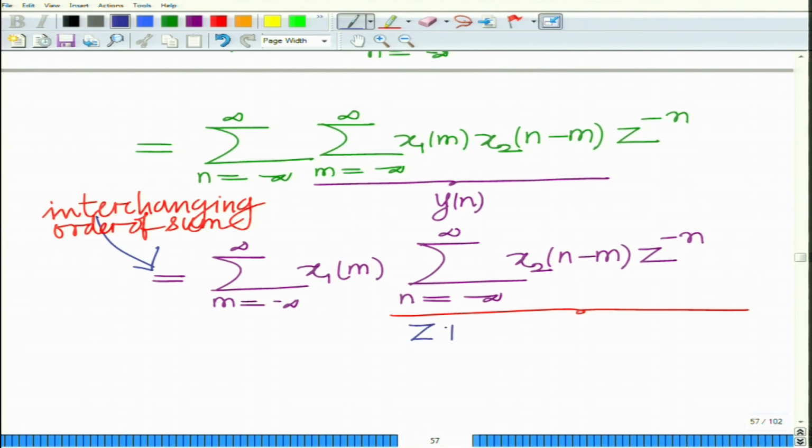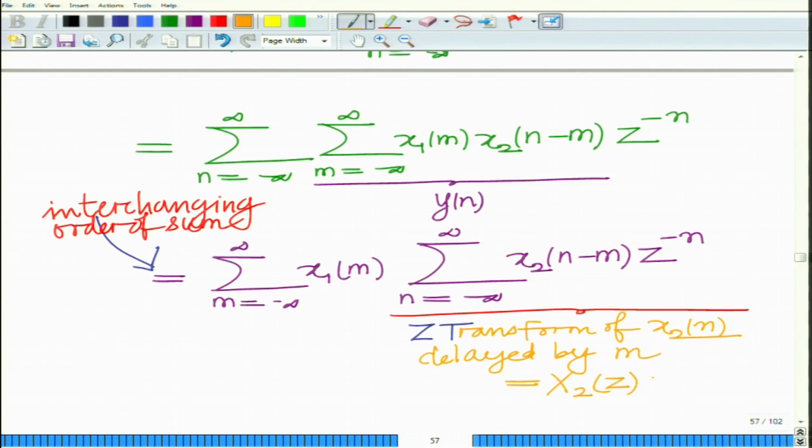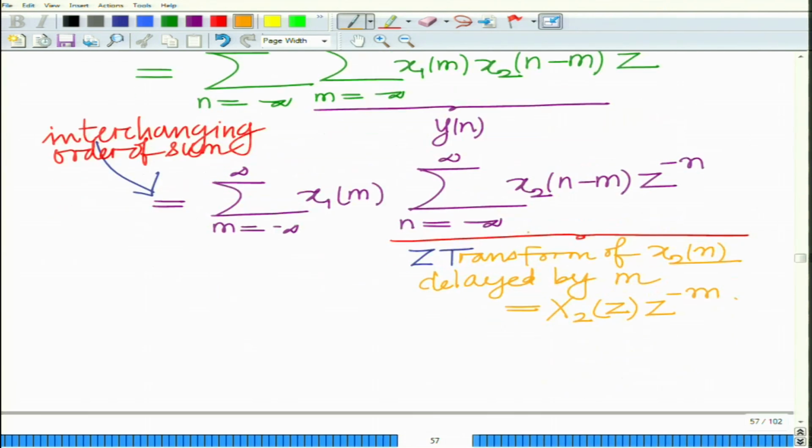So, this is the Z transform of x2 n delayed by m, and therefore, this is nothing but x2 z into z raised to minus m.